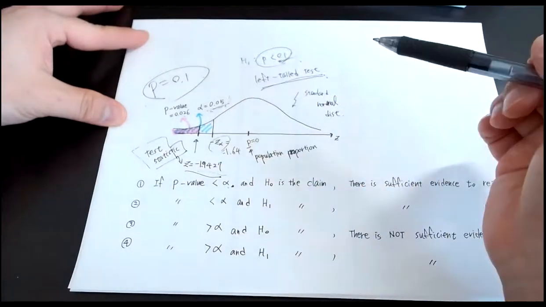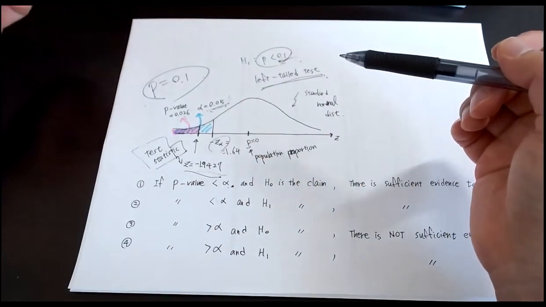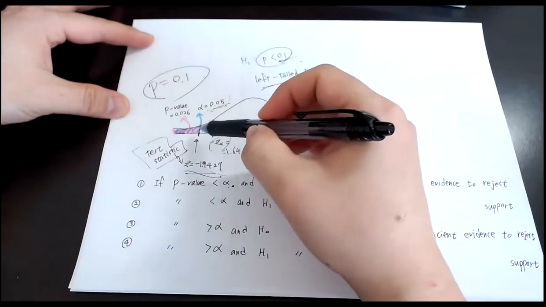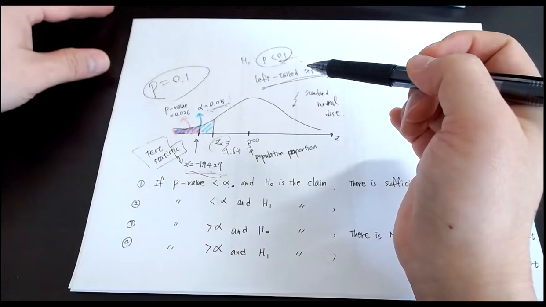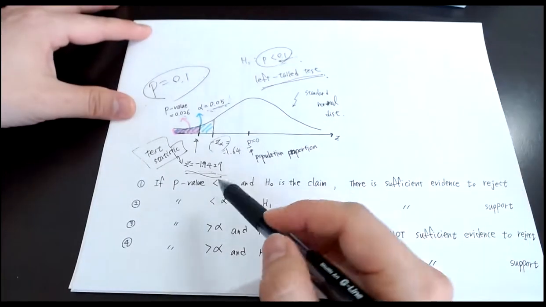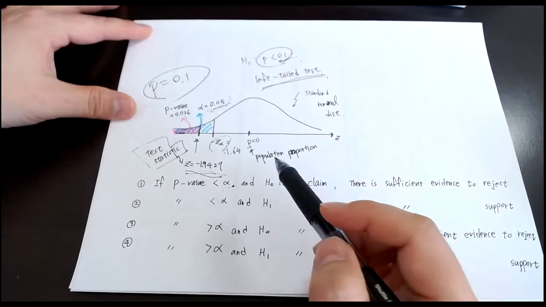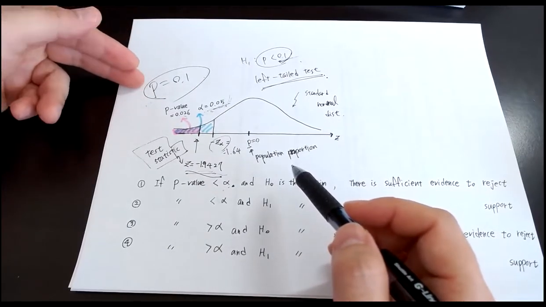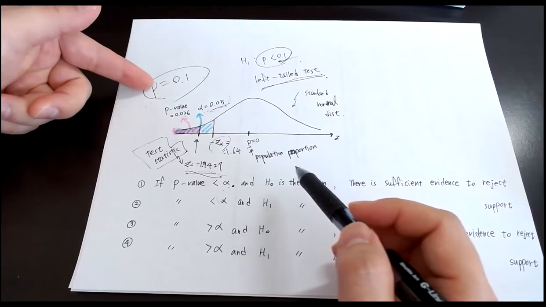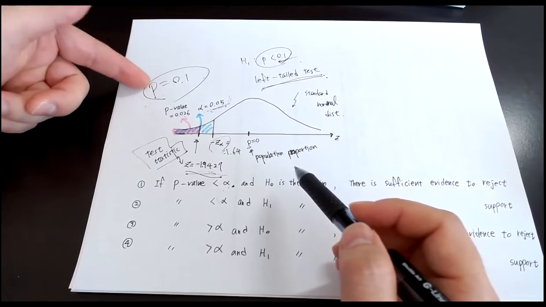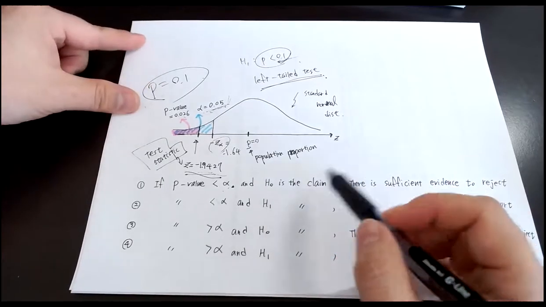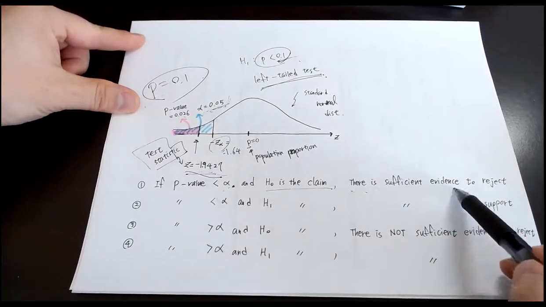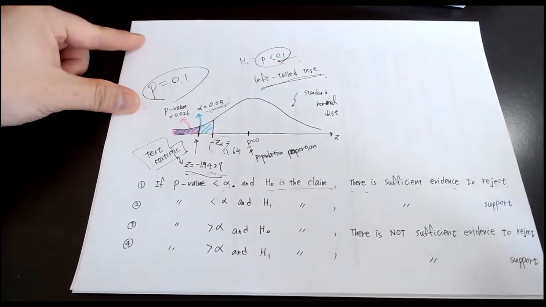Assuming this, using the sample proportion, we got the test statistic, and this belongs to the extreme value, significantly low, right? So that's the meaning of this. So we reject H sub 0, the null hypothesis. We reject that claim, since H sub 0 is the claim. Then the conclusion is there is sufficient evidence to reject the claim.